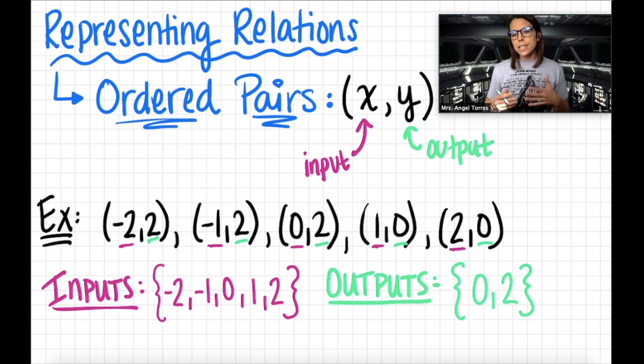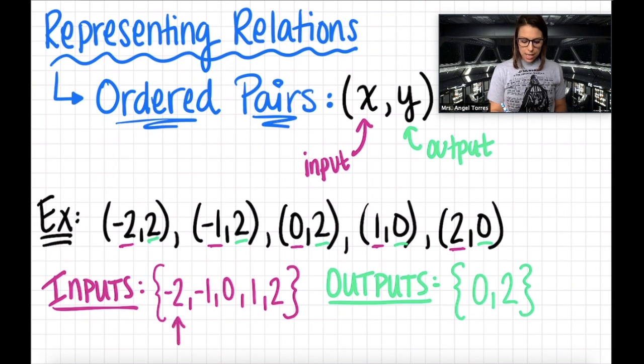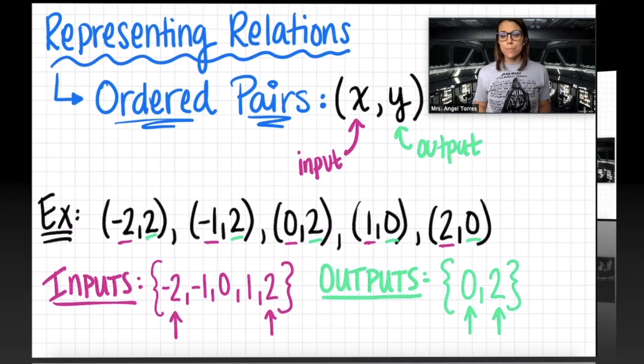So I don't need to list them out over and over again to say that they were part of my output. Another thing that I did that you might want to take note of for later on in this video is I did order my inputs and outputs from least to greatest. So notice that I started with the least input and ended with the greatest input. Same thing, started with the least output and ended with the greatest output.